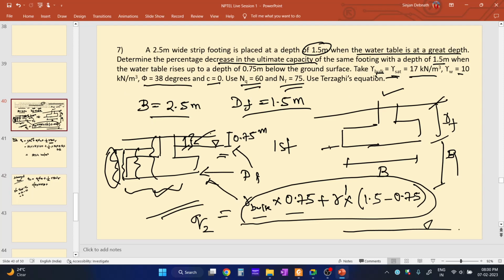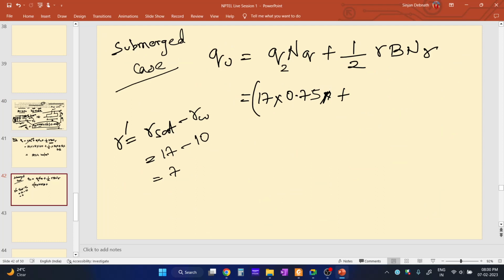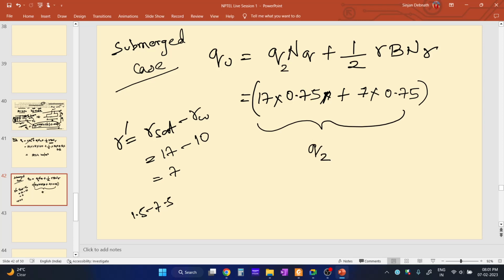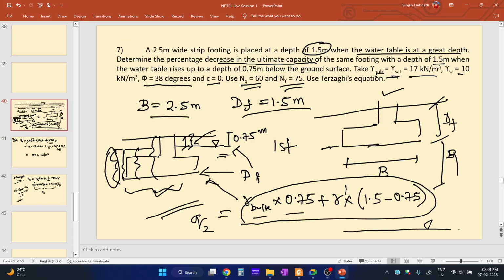7 into 1.5 minus 0.75. So this one is Q2. And what is the value of NQ?